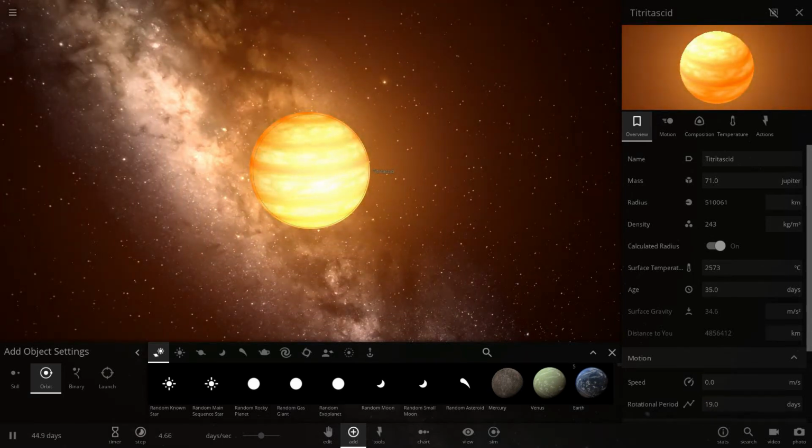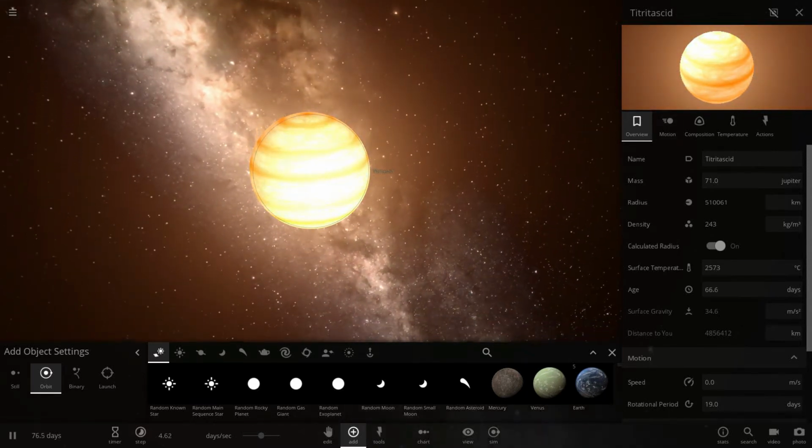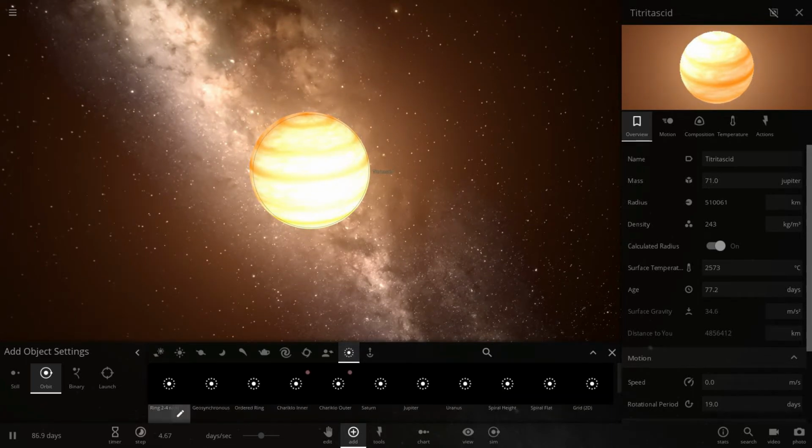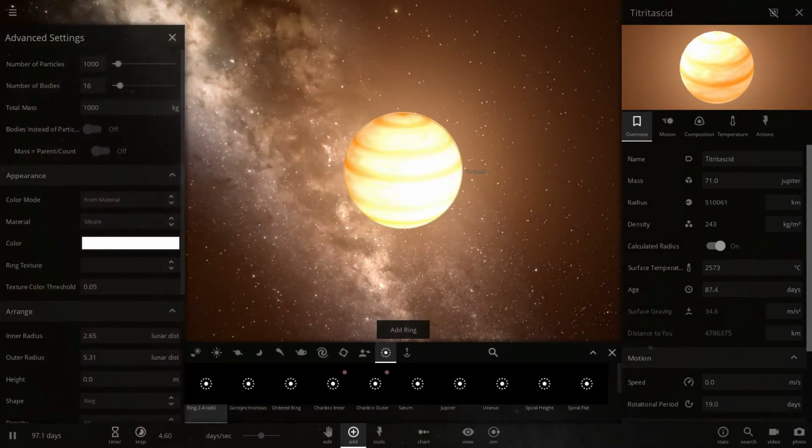Give her a 9-day rotation period. I think that's rotating the right way. I believe it is. Let me give it a ring. We'll give it a pretty big ring. Make the ring bigger until it boosts about 37 here.